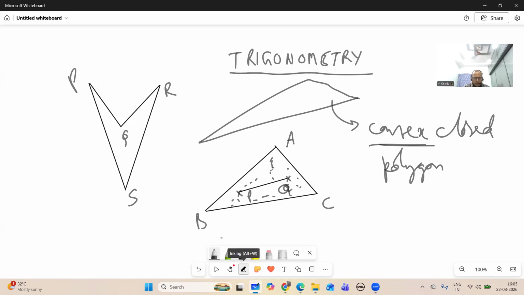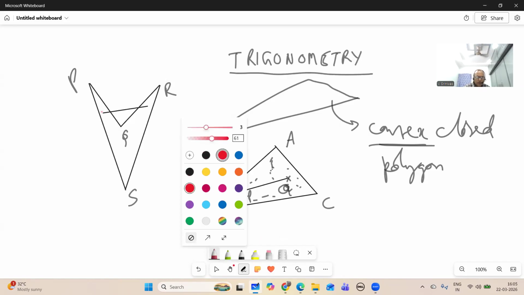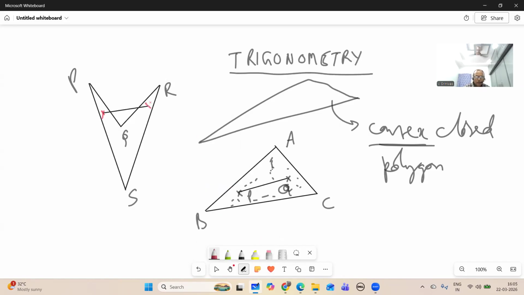If you take 1 point here and 1 point here, and join them with a line segment, you get this kind of a line segment. You may call them capital A and capital B. I'm joining A and B with a line segment, and this portion of the line segment is not contained in the interior of this polygon PQRS.